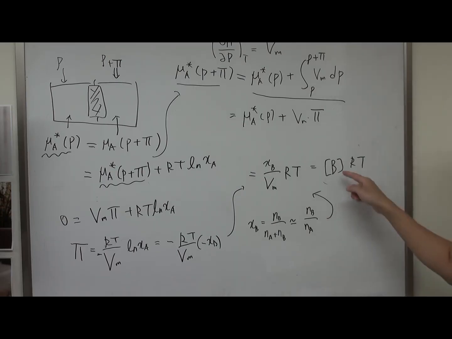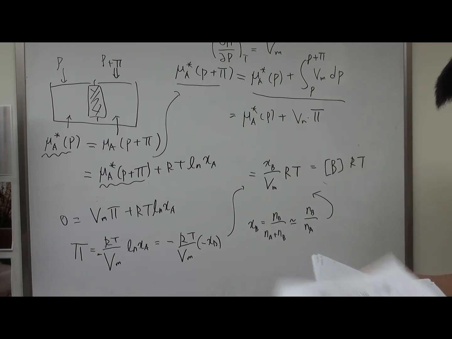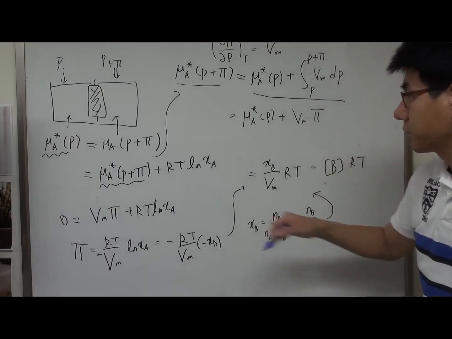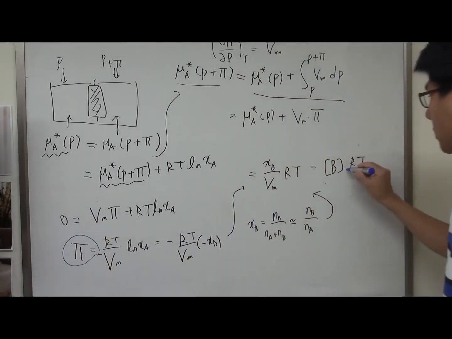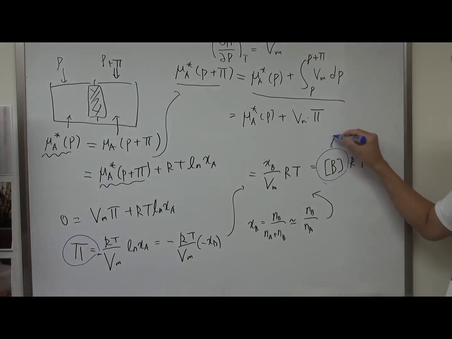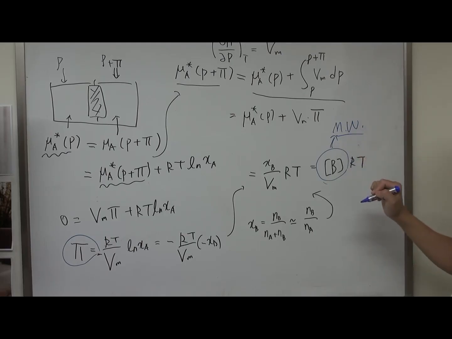Osmotic pressure only depends on the concentration of solute in a solution. Only concentration, how much material is in it. And osmotic pressure can easily be measured, and by measuring osmotic pressure we can determine the concentration of solute, and if you know the concentration you can get information about the molecular weight of this solute, if you know the volume, right?